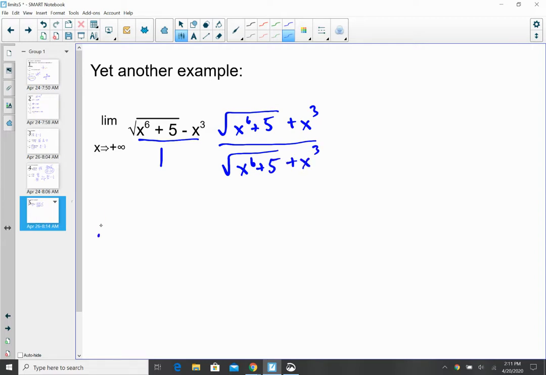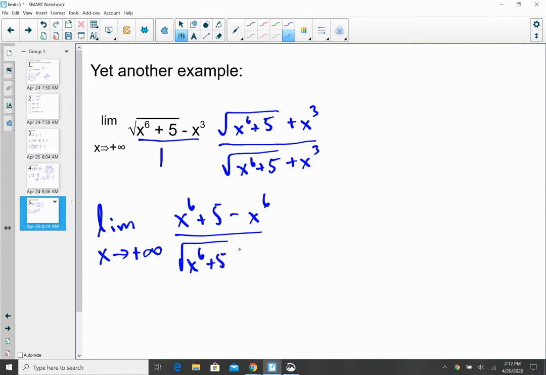This is getting kind of gnarly looking for a second, but it's going to be okay. When I multiply the top, I'll get x to the 6th plus 5 minus x to the 6th. And down below, x to the 6th plus 5 plus x to the 3rd.